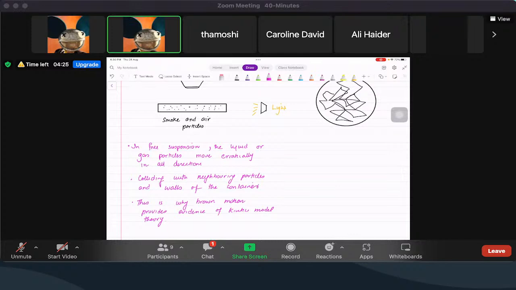Now, I want to write a note here that you should remember. When we are talking about particles, we mean microscopic particles, and microscopic particles can be regarded as atoms or molecules.